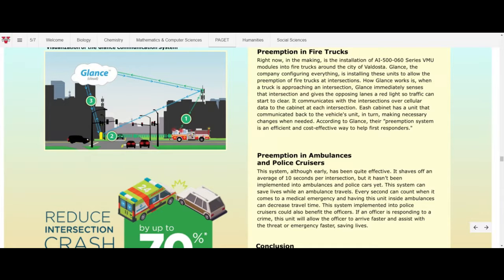It saves on average around 10 to 12 seconds per intersection, which can lead to even quicker and safer response times for saving lives. So my project was about going forward and installing these preemption units and seeing if we can get them in ambulances and police cruisers around Valdosta.